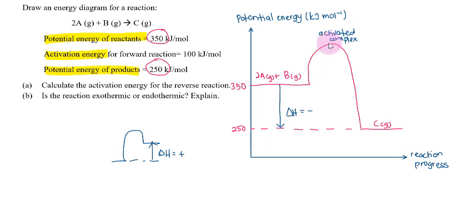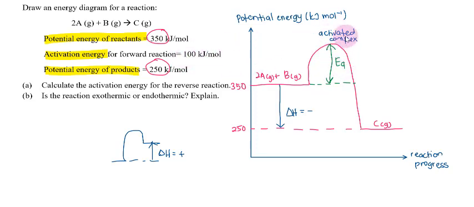Next, the activation energy. The activation energy is from the reactants to the top of the activated complex, so from here to here. We use this arrow and then label it as the Ea.